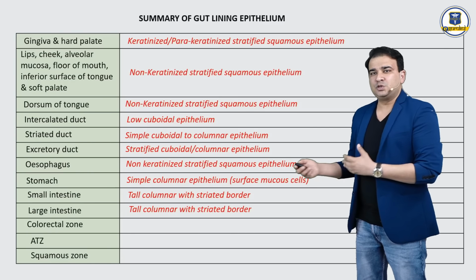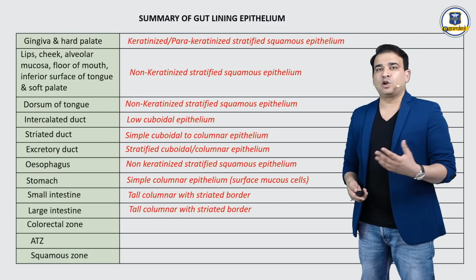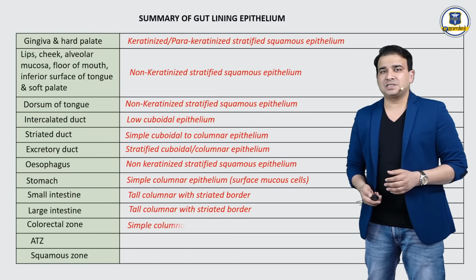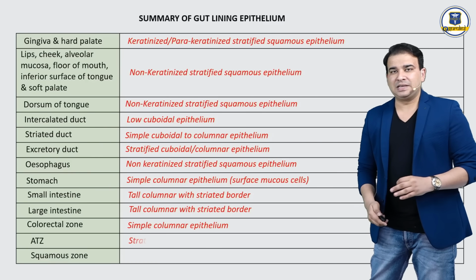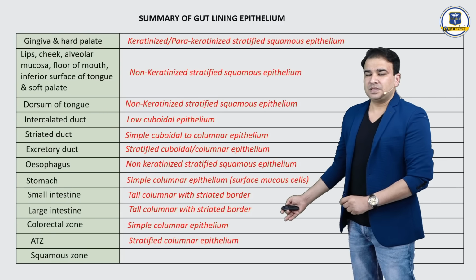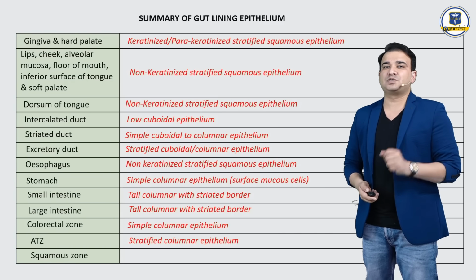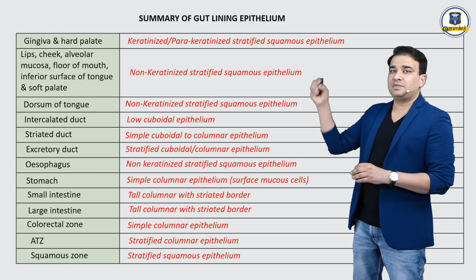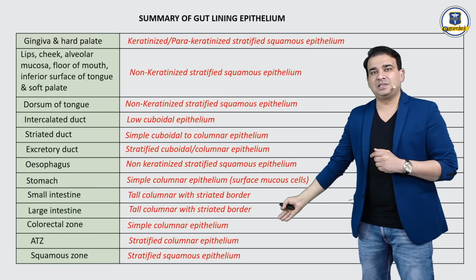And then we have the three zones which we just discussed. The colorectal zone, which is again having the same epithelium of the tall columnar cells, just like the large intestine. The ATZ, which is having a stratified columnar epithelium. And finally, the squamous zone, which is meeting with the perianal skin, having stratified squamous epithelium. We started with stratified squamous in the beginning and we end with the stratified squamous epithelium at the end.